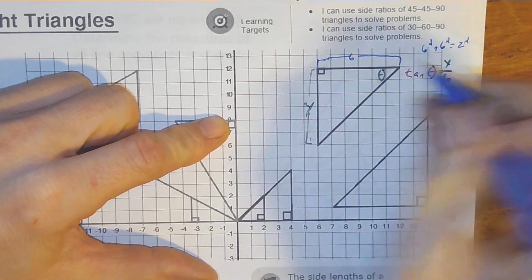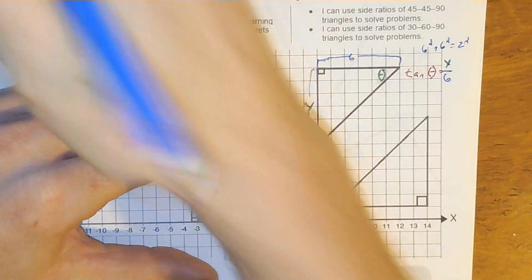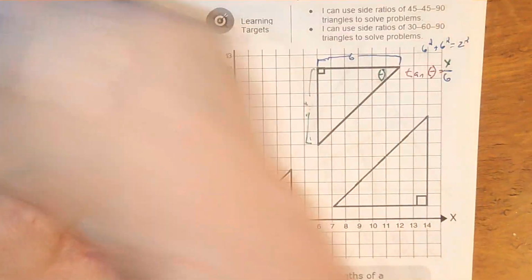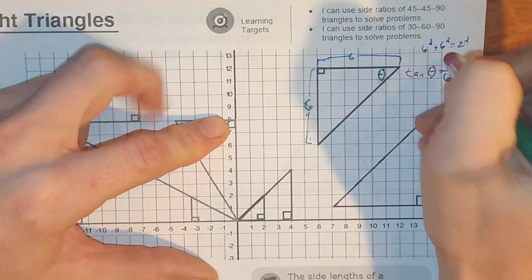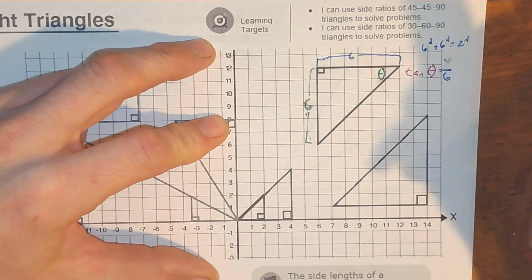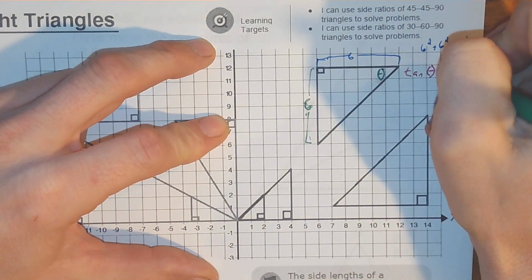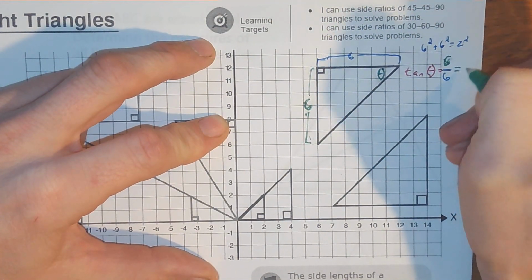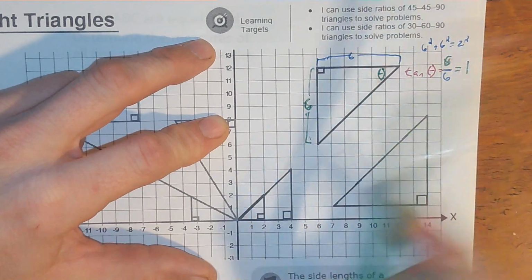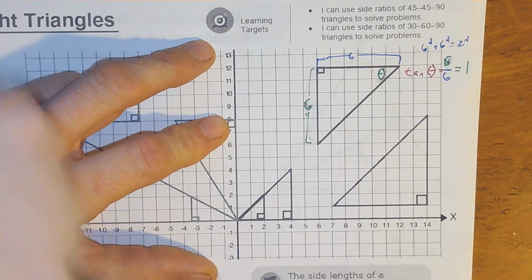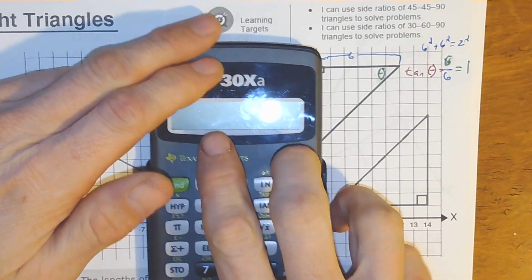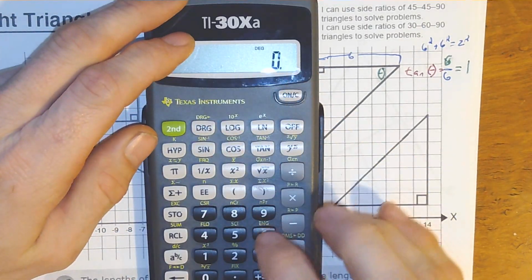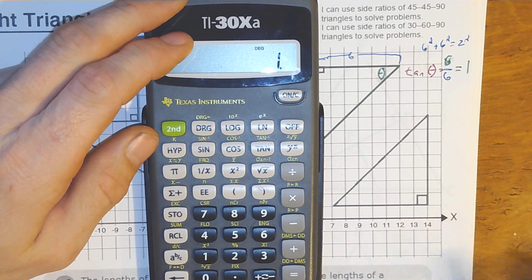All right, I have two unknown variables here. Oh, actually, I don't. I know that this is 6. I counted it. So I have 6 over 6. So the tangent of theta equals 1. How do I figure out theta with that? 6 divided by 6 equals 1.